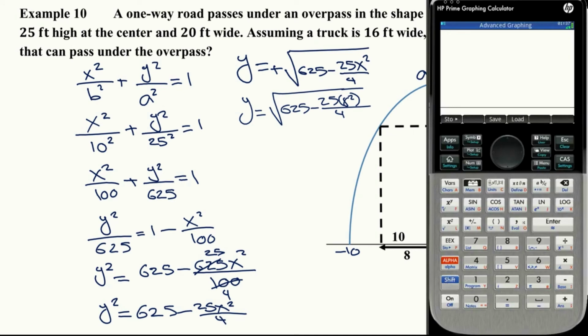So we have the square root of 625 minus 25 times 64 divided by 4. And we get 15.